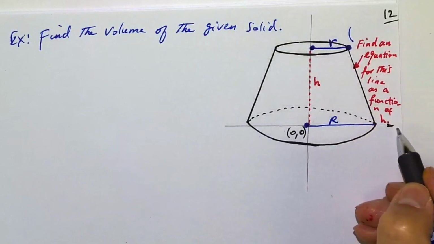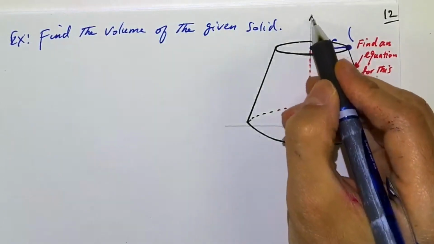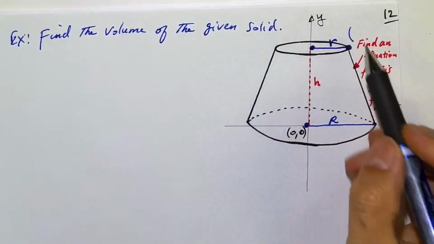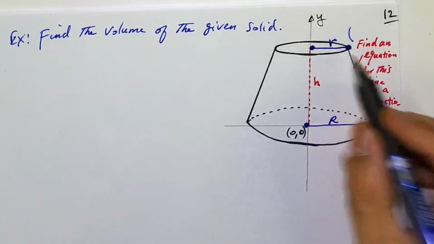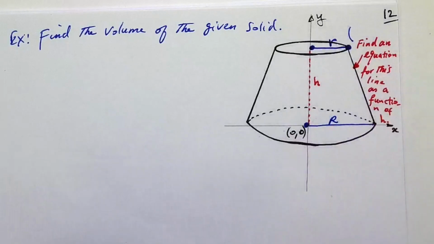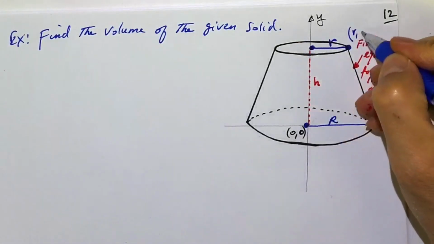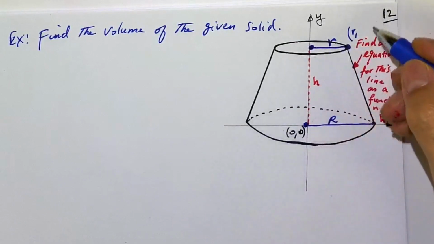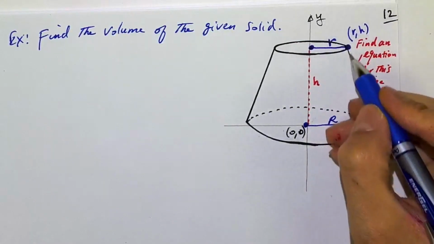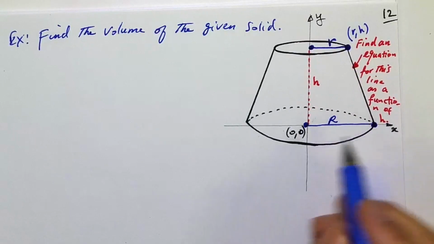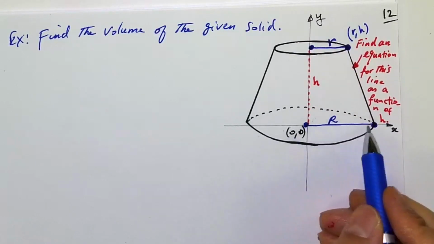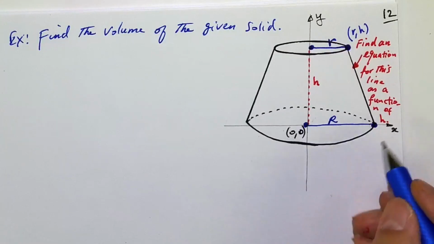And then if we do that, we can label these points with their coordinates. So that one will be r comma h, right? R comma h, it's that point. And this point will be capital R comma 0, right?